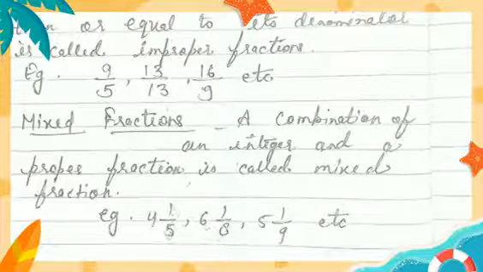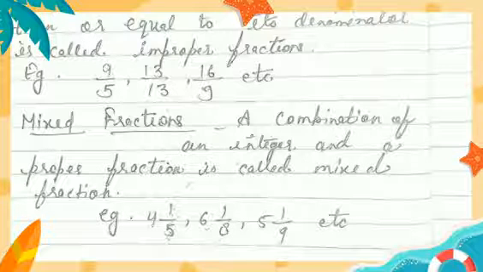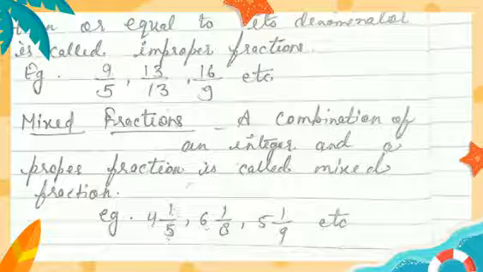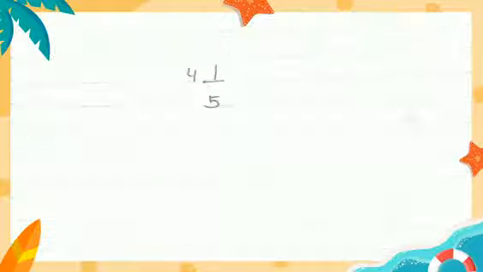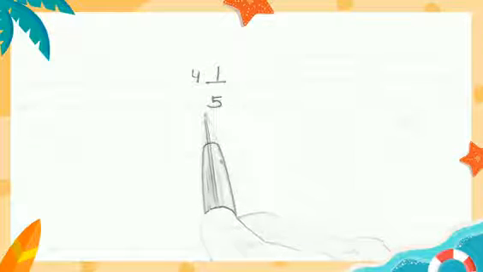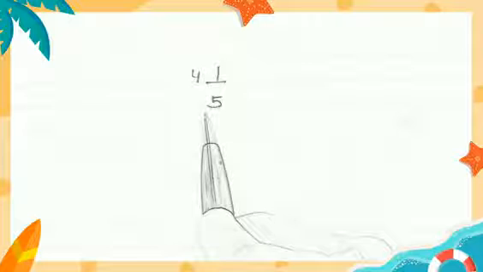Let's see how to convert mixed fractions into improper fractions and improper fractions into mixed fractions. This is a mixed fraction, and let's see how to convert it into an improper fraction.